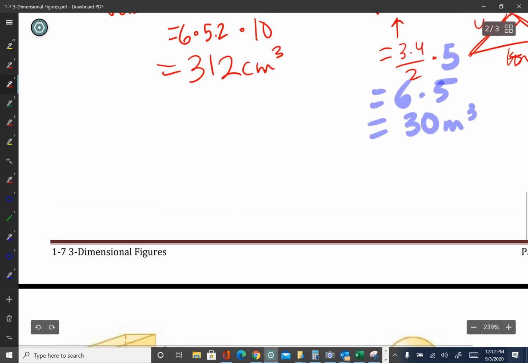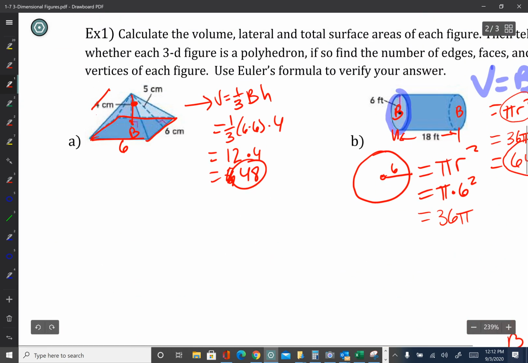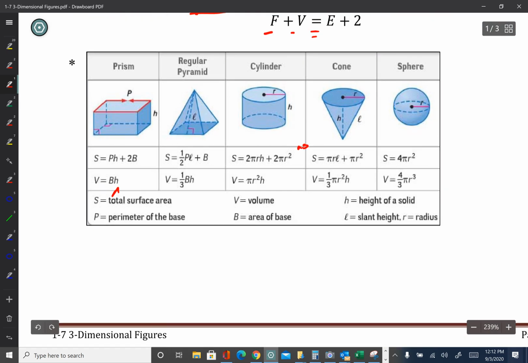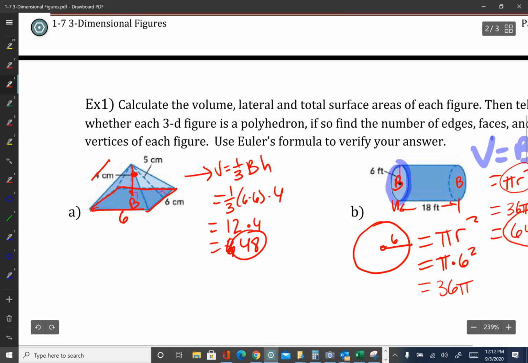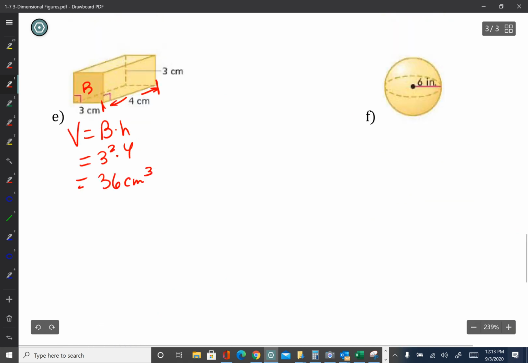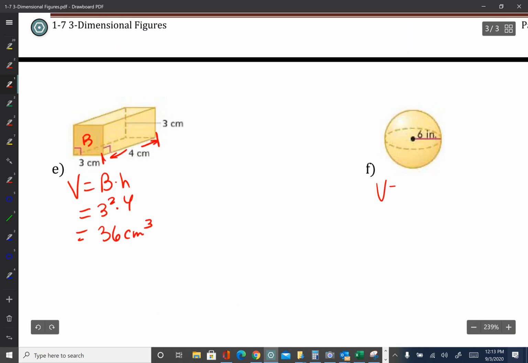All right, we've got to talk about the next one, the sphere. The sphere has its own formula. You just have to memorize it. Volume is 4/3 pi r cubed. You don't have to memorize that, though. I'll give you formula charts, right? So 4/3 pi, what's the radius? 6 cubed, right? So we get 4/3 times pi times 216.